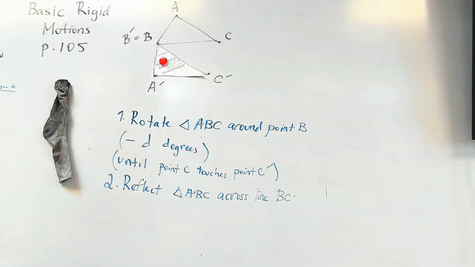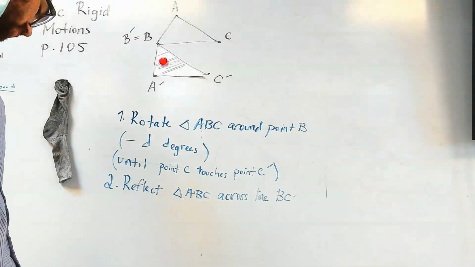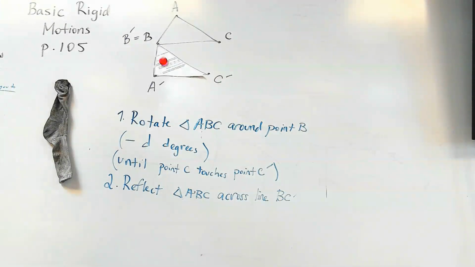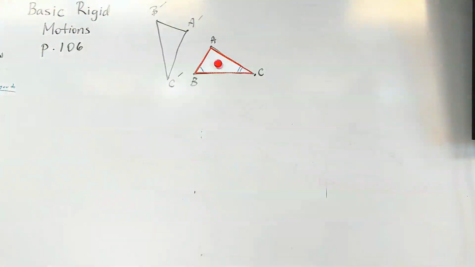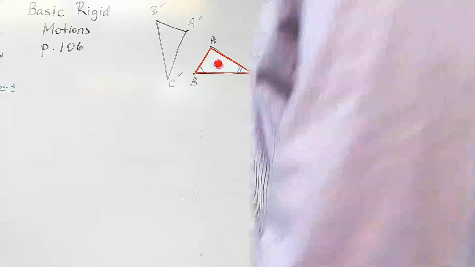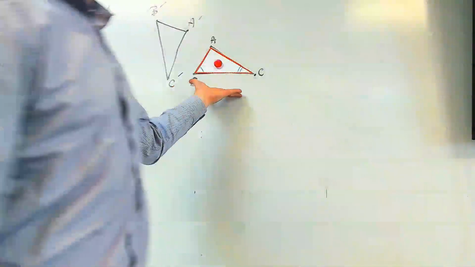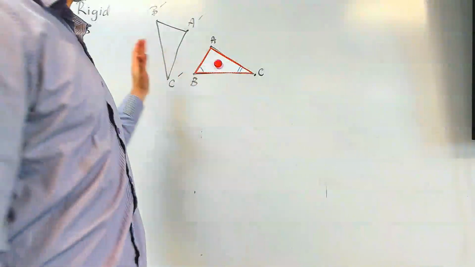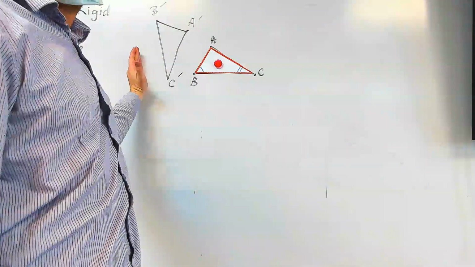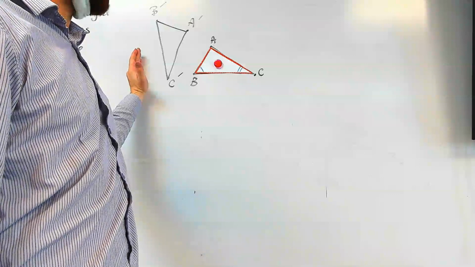Okay, so join me as we look at one more example, example number 4. All right, so how do we get from triangle ABC to triangle ABC prime? Let's talk about how that works out.